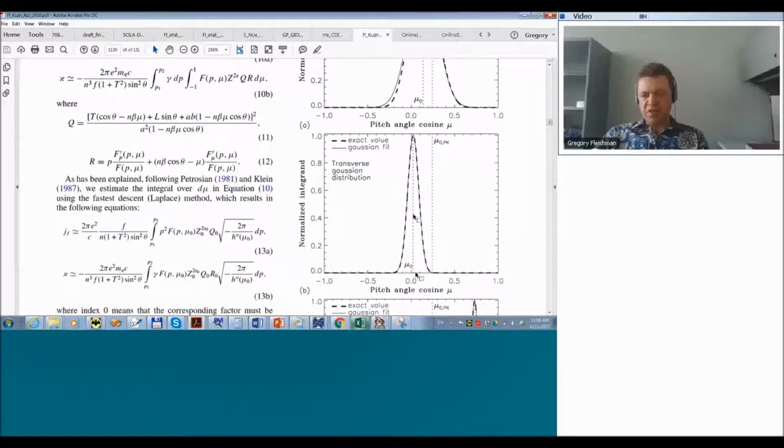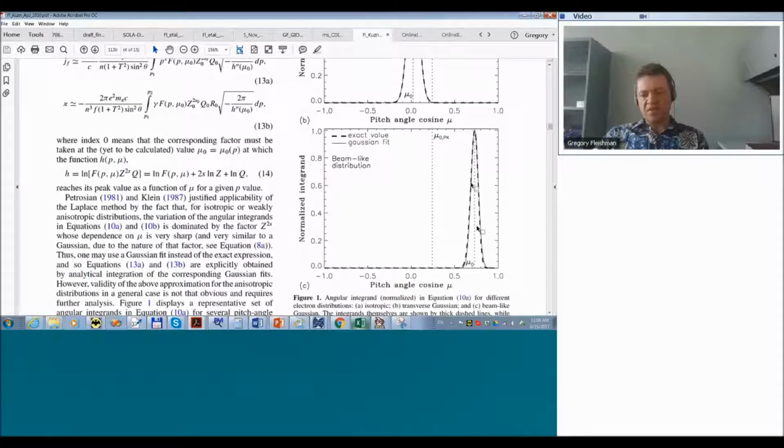You see that the actual value is somewhere here, and the approximate is somewhere there. Or in another case, the correct value is here, the analytical is there. If we use the analytical value for such cases, we get large errors. We do not get the correct answer.